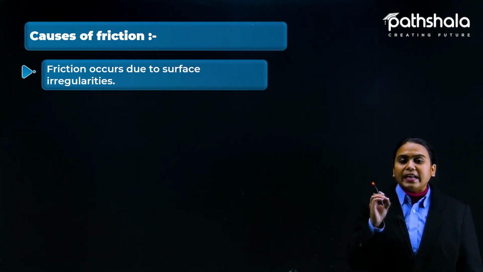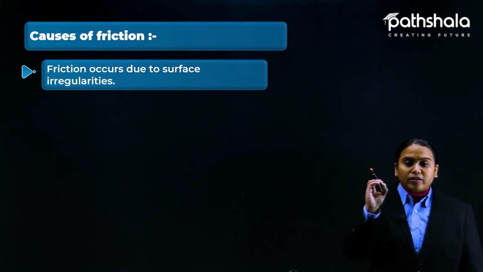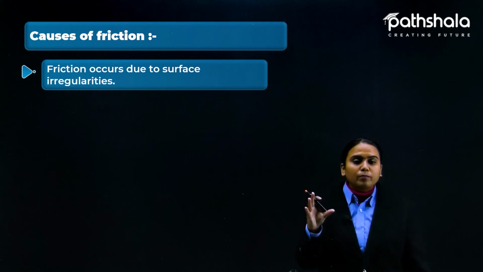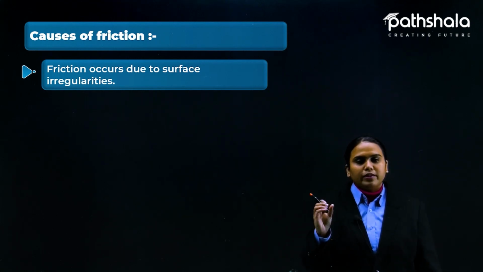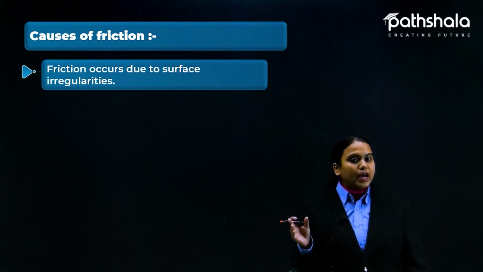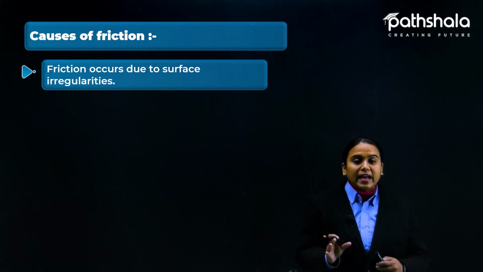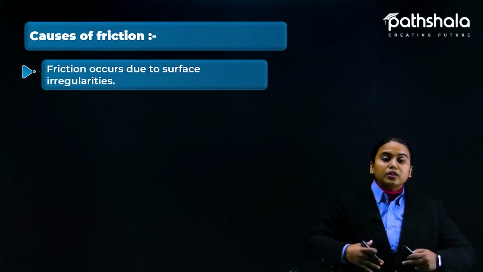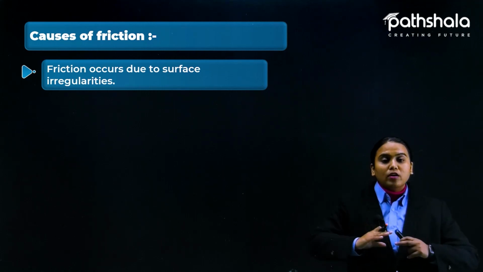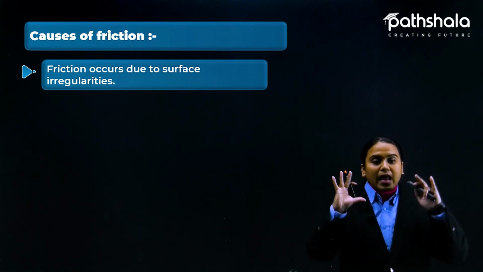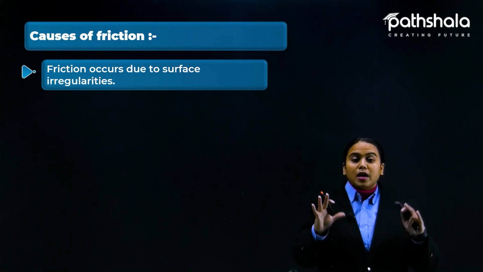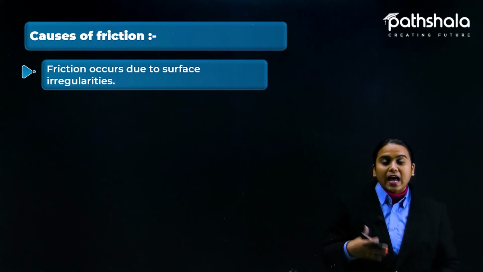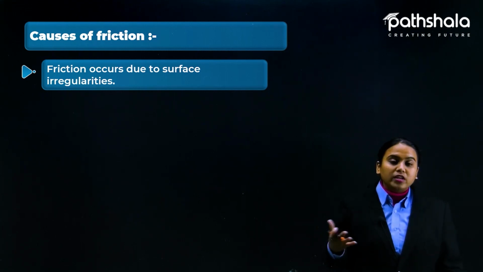If we zoom in on a very small area of the surface of anything that is in contact with another thing, you will find that there are irregularities. It might be a smooth surface, but if you zoom in, you will see that the irregularity is present there due to the different molecules and atoms that are spherical in shape.